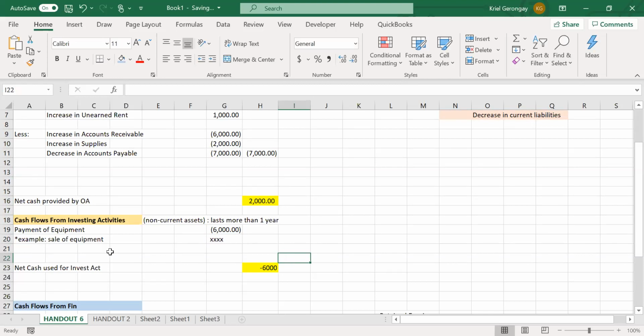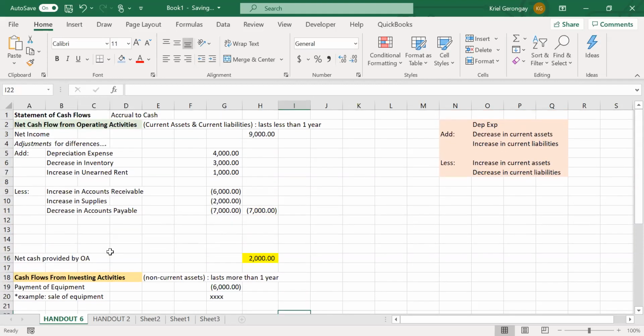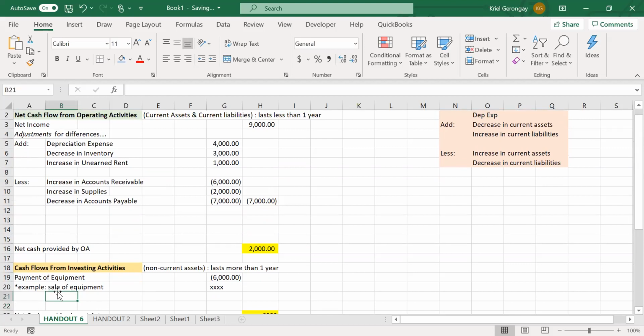And let's say you had a gain from that sale.